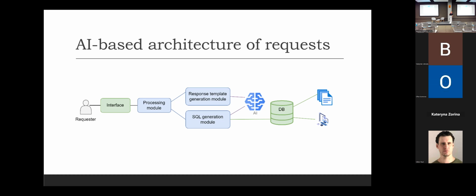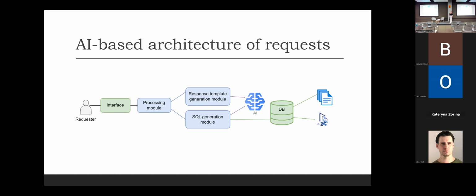So the only things which we need from the AI in this case are means to get the data from the database, meaning to generate an SQL query. And additionally, we wanted to present the response in a more human-like way. So we wanted AI to generate a response template for us as well.